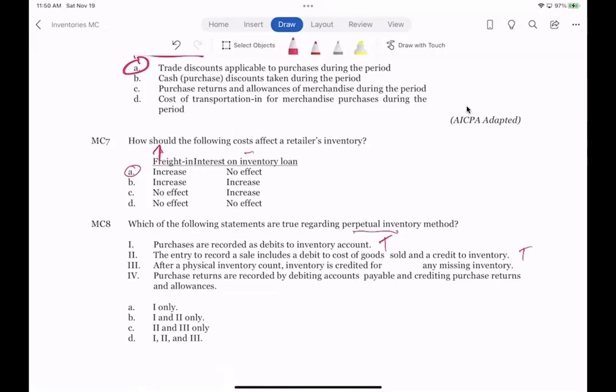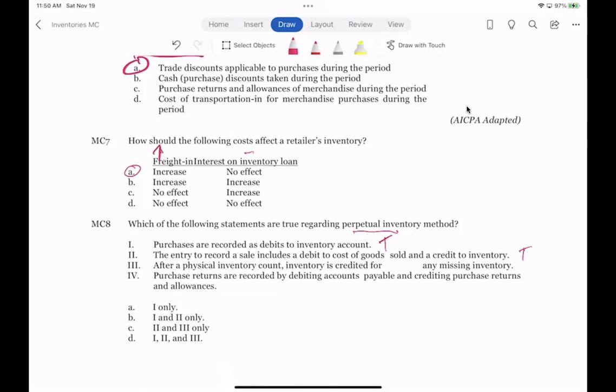3, after a physical inventory count, inventory is credited for any missing inventory. Yes, so the physical count here may be necessary, not for setting up the ending inventory, but to determine whether the actual inventory on hand would tally with the inventory per record. And if there is any missing inventory, we need to adjust the inventory per record to be consistent with the actual inventory.